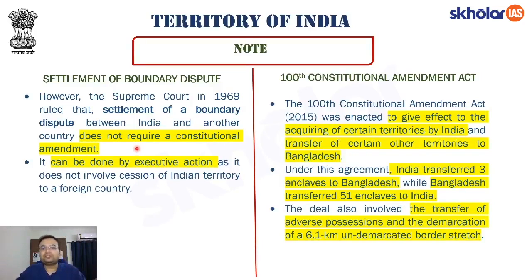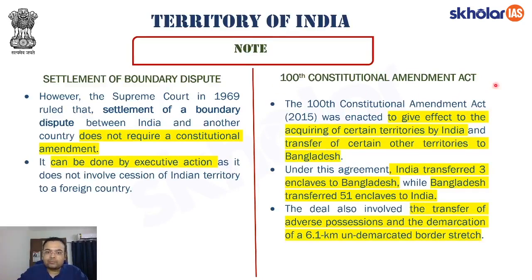It is something under dispute. As such, there is no need for any constitutional amendment if any agreement is made with respect to settlement of a boundary dispute. It can be done by executive action, that is, action of the Government of India, the government of that day, as it does not involve cession of Indian territory to a foreign country, a point which we just studied.